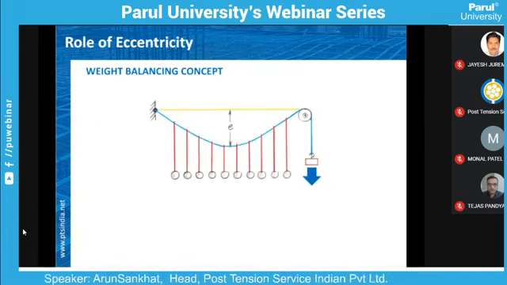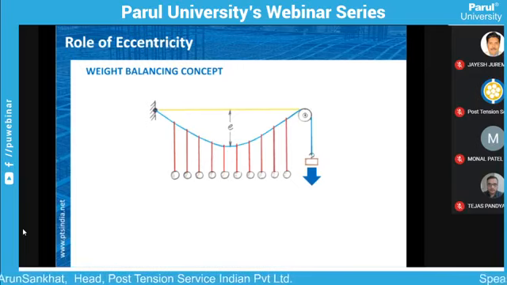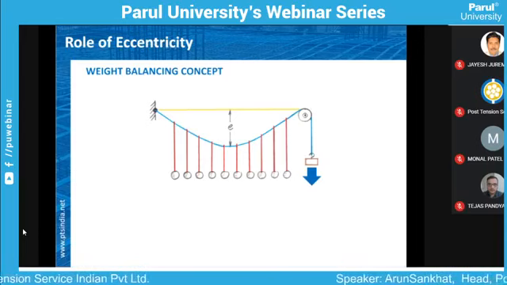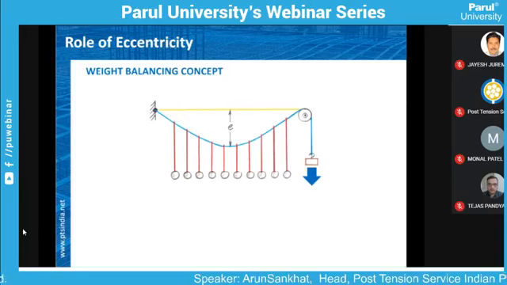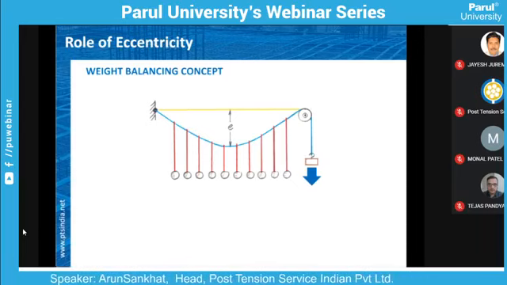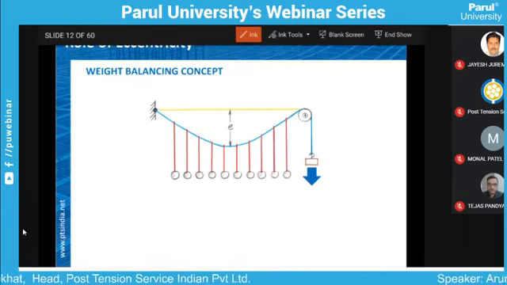Let's go with this weight balancing concept in detail, just to visualize how it works. This is an example, or an exercise, you might have carried out in your laboratory classes, wherein there is a string. The blue is a string or a tie member, and there is a roller or hinge here, right?